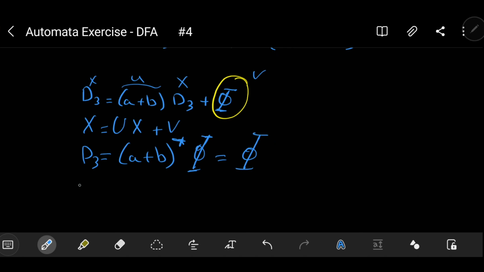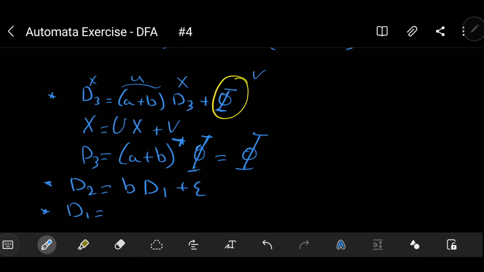Okay, amazing. So we substitute in D2, which is equal to B D1 plus epsilon, and we substitute everything in D1.